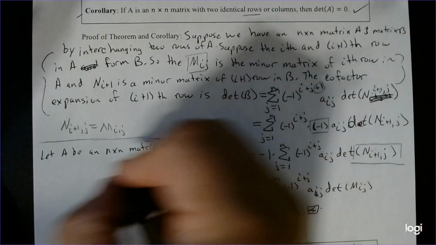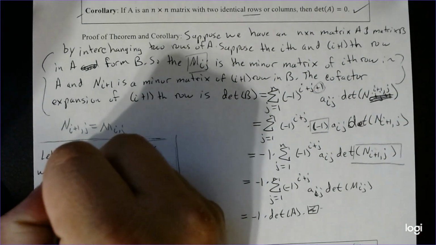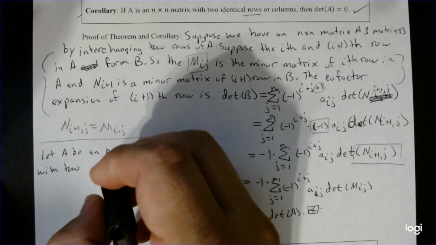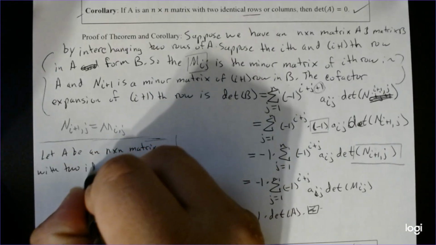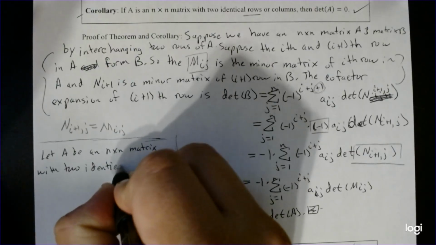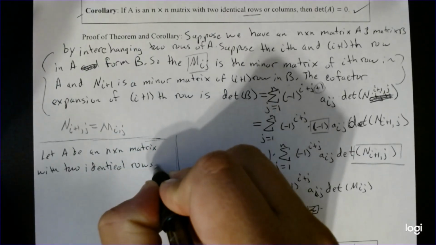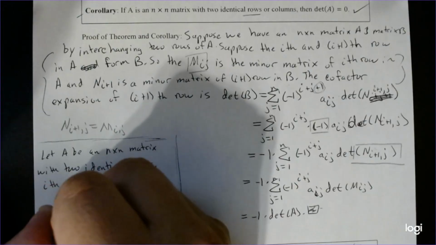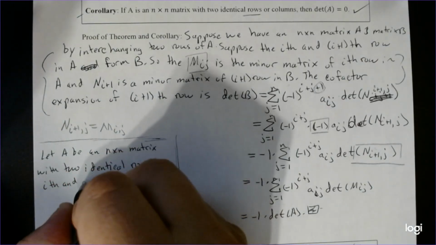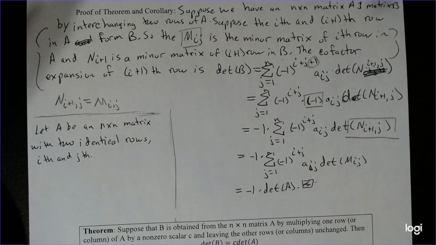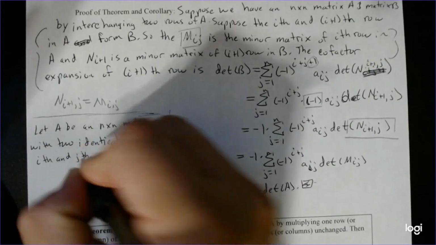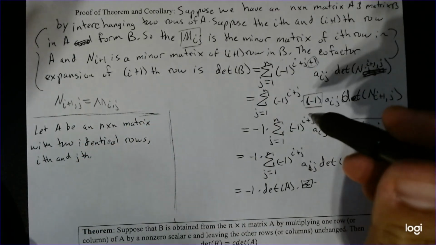We'll do the rows. So we'll let A be an n by n matrix with two identical rows. We'll call those the ith and jth rows. They're the same.